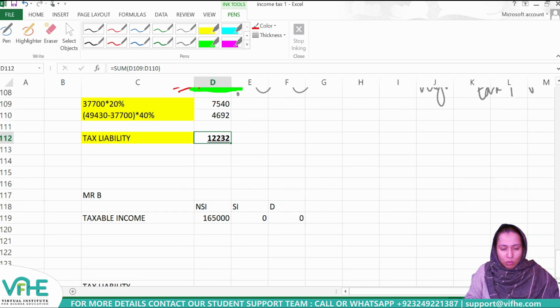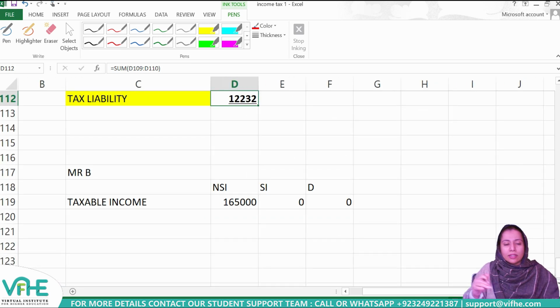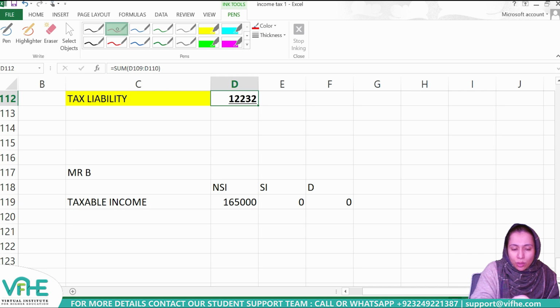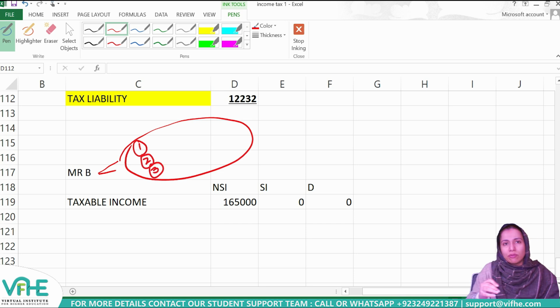Now, let's move towards another question. As I have already told you, first of all, I will be thinking about three steps: segregation of income, deduction of interest paid, and then the personal allowance deduction. Once we are done with the three steps, we come to know what the taxable income is.